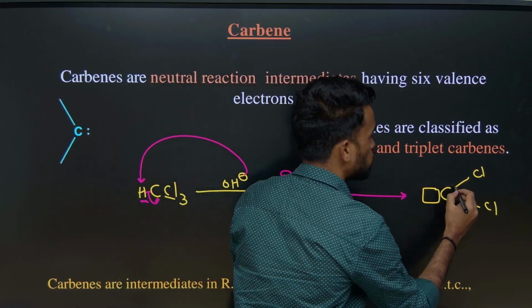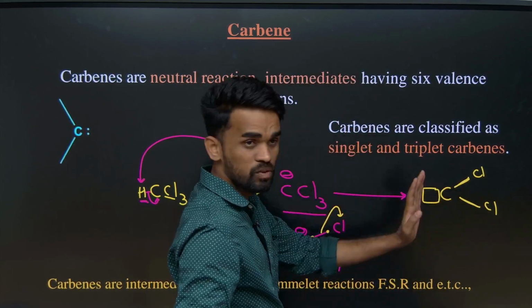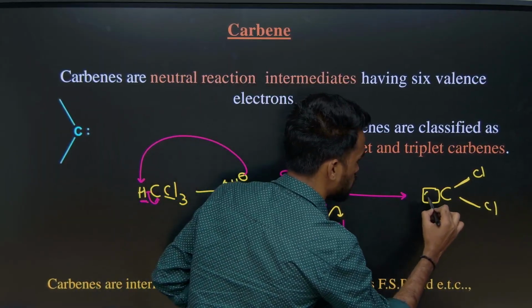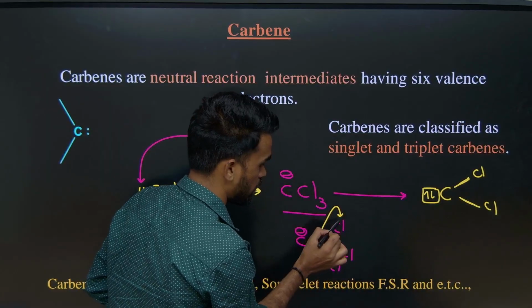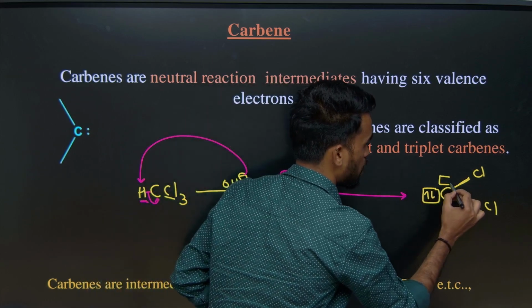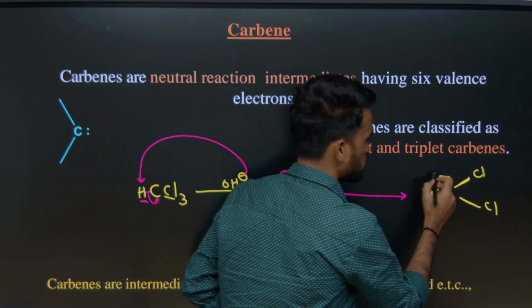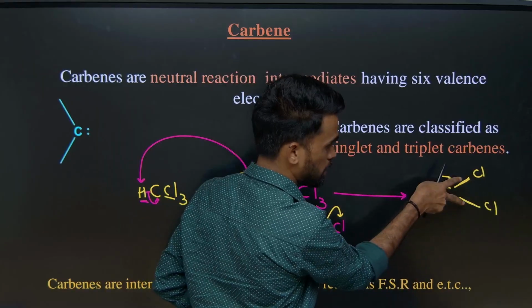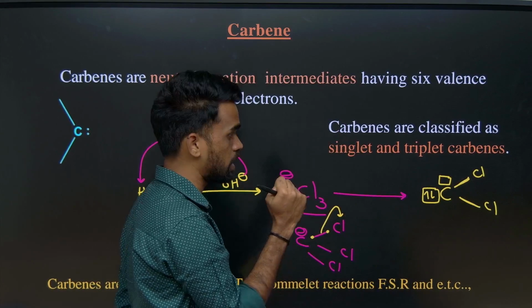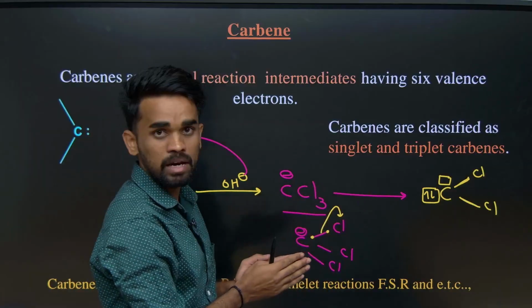Two are involved in bond formation, and the chlorine removed along with the electrons leaves one more empty orbital. So 2 orbitals participate in bonds, one has a pair of non-bonding electrons, and one is empty. This is how the carbon looks.